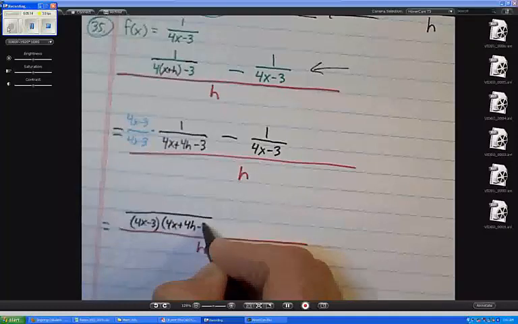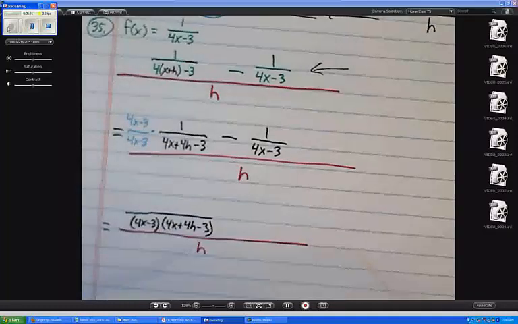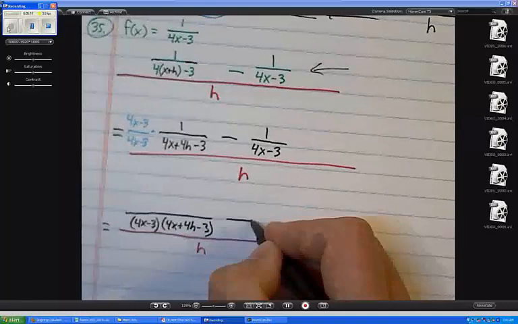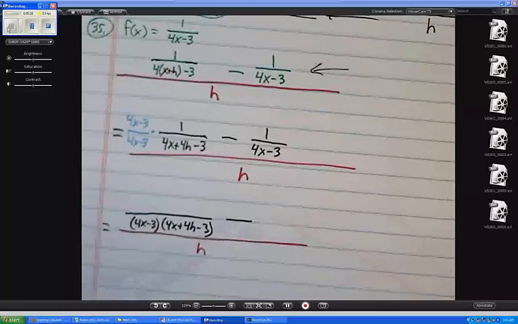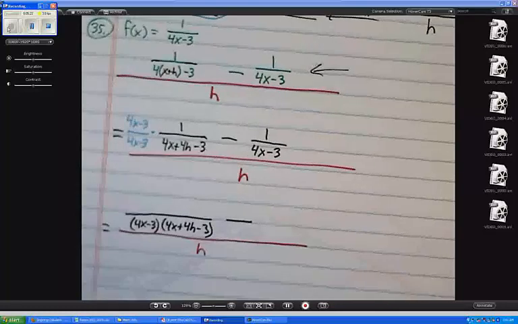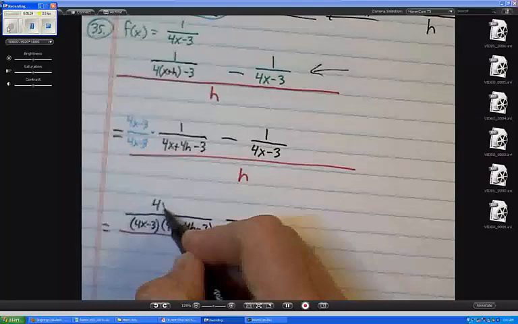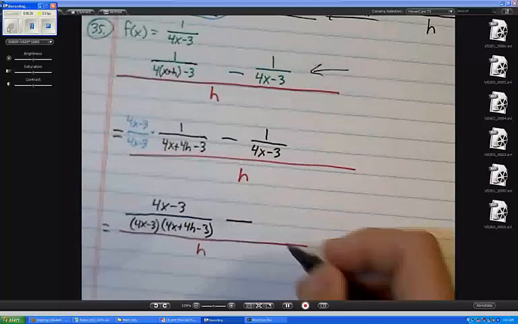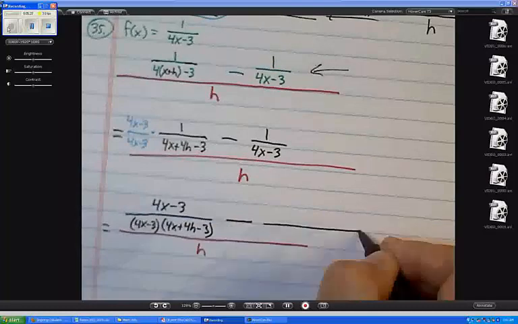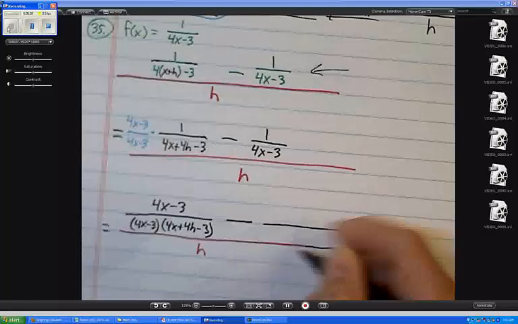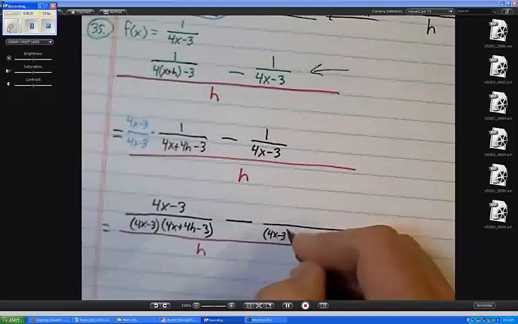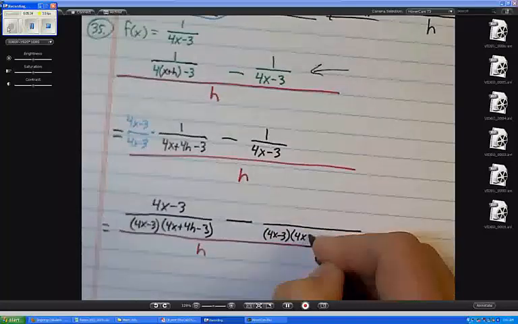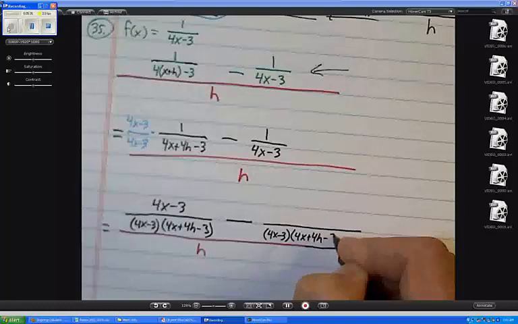That's my common denominator. So what's the numerator of the first fraction going to be now? 4x minus 3. Okay? Minus, now we have another big fraction over here, and again, I want a common denominator, so I want this to be 4x minus 3 times 4x plus 4h minus 3.